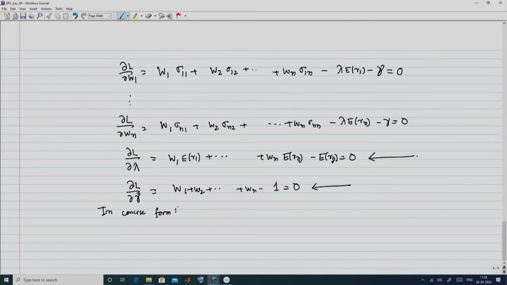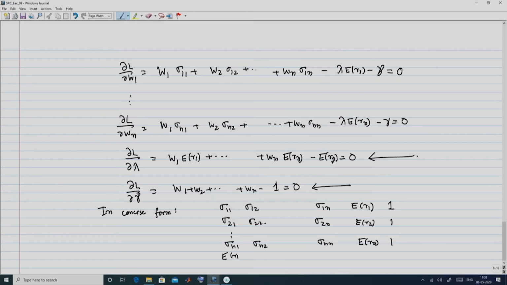we have the following. We have sigma 11, sigma 12, all the way to sigma 1n, then E[r1] and 1, then sigma 21, sigma 22, all the way to sigma 2n, E[r2], 1, all the way to sigma n1, sigma n2, up to sigma nn, E[rn], 1.